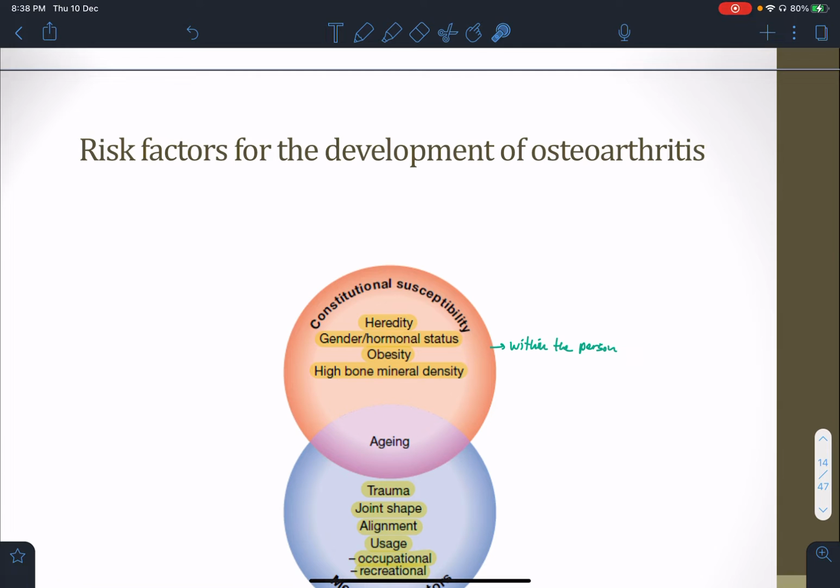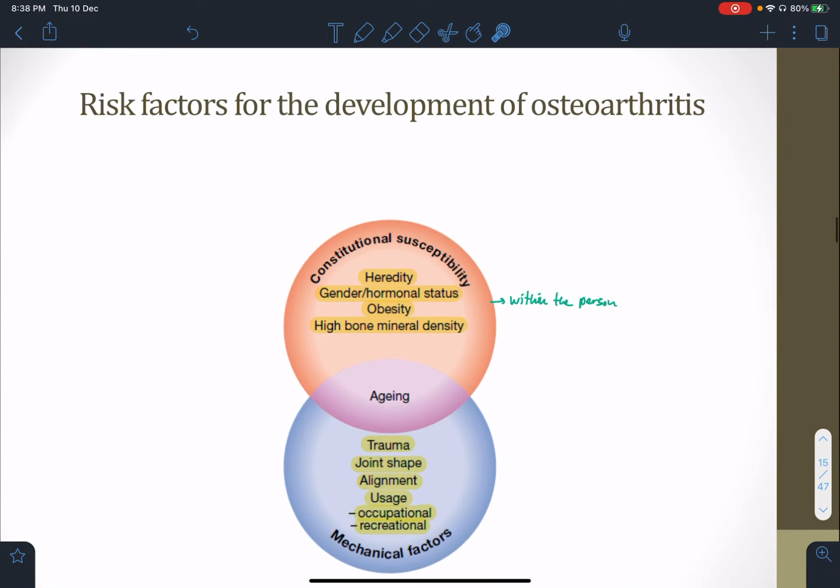And some of the risk factors for the development of osteoarthritis: we have constitution, susceptibility, hereditary genes, gender and hormonal status, obesity, high bone mineral density, and age is shared between constitution, susceptibility, and the mechanical factor. Trauma, joint shape, malalignment, how much you use, occupational, recreation.